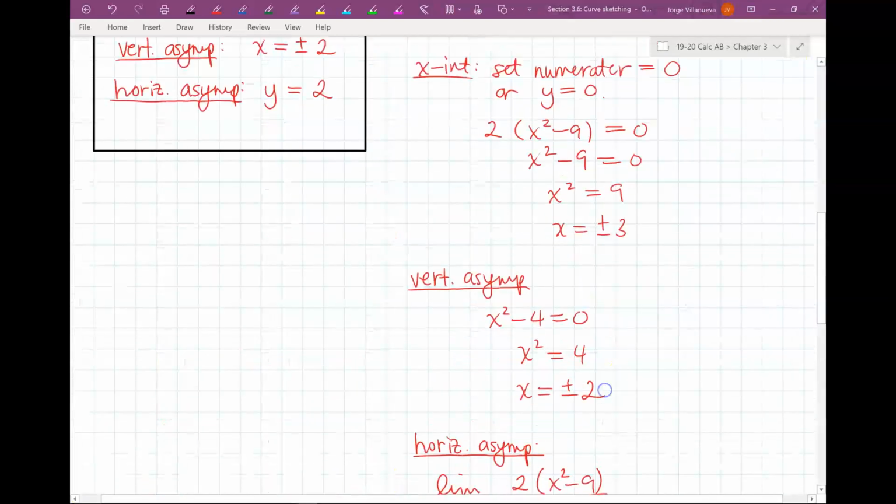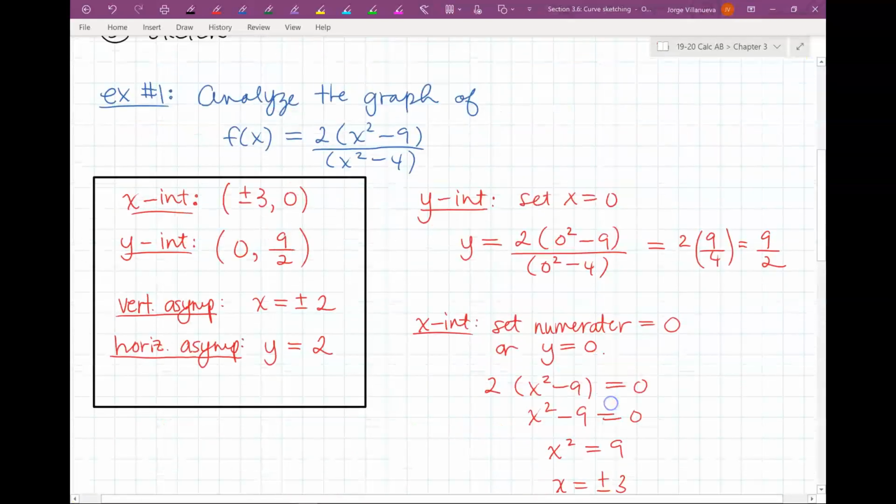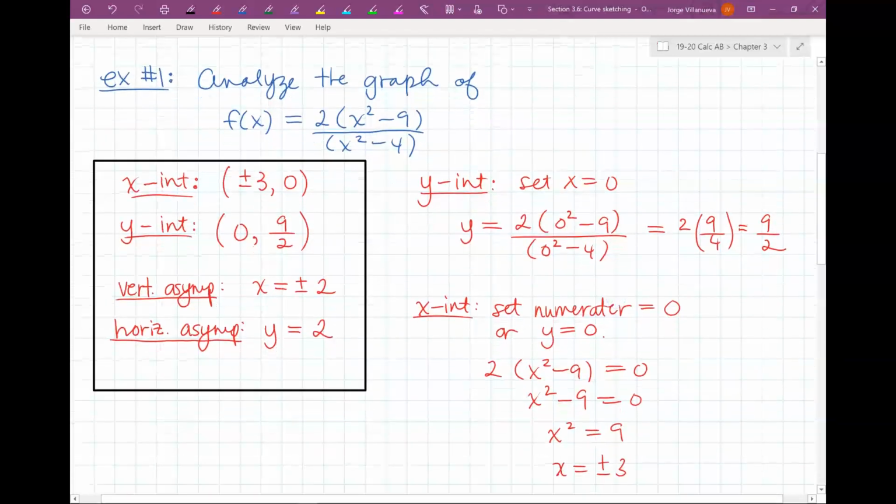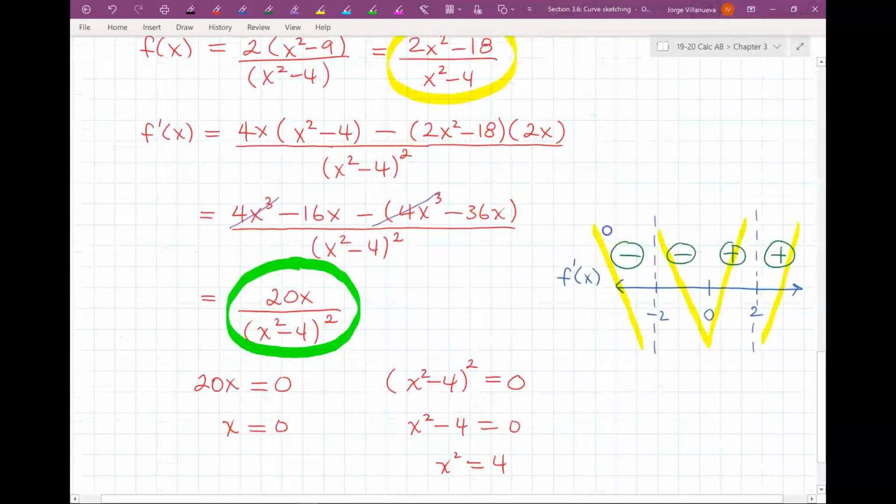All right, so we're going to go all the way back up to look at our original function. So there's our original function. If I plug in a 0, it's 9/2. That means my y-intercept is going to be my actual critical point. So I'm going to put that all the way down here in this answer.